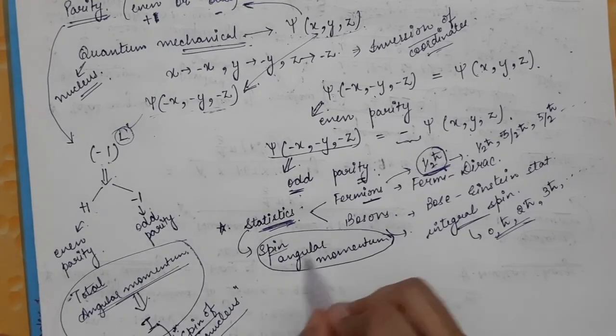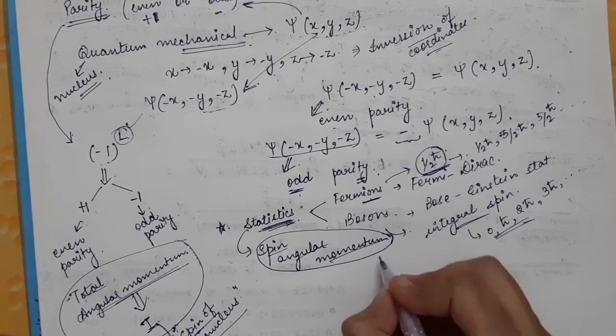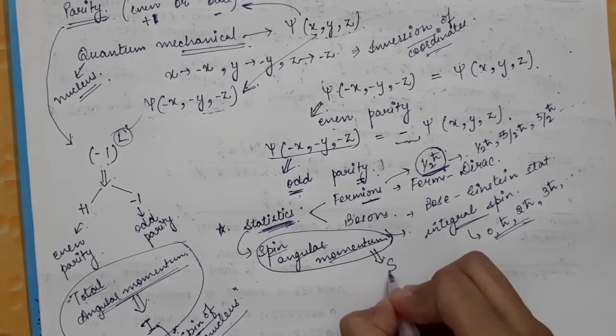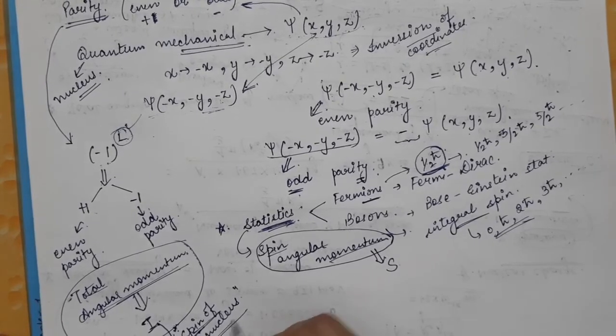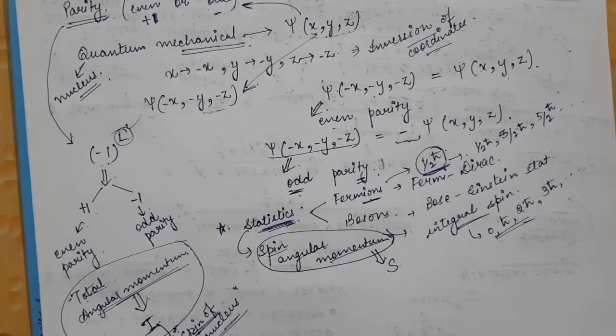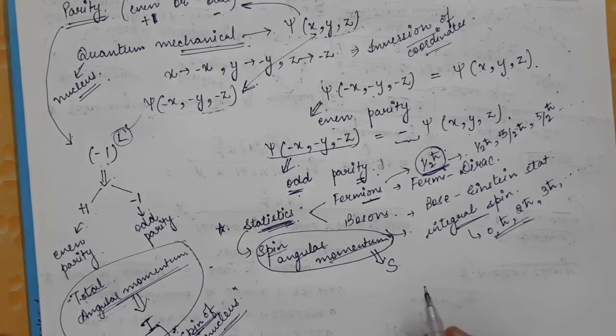The spin angular momentum of the nucleus is a different thing, and this is capital S. The spin of the nucleus is just a name given to capital I, the total angular momentum of the nucleus.